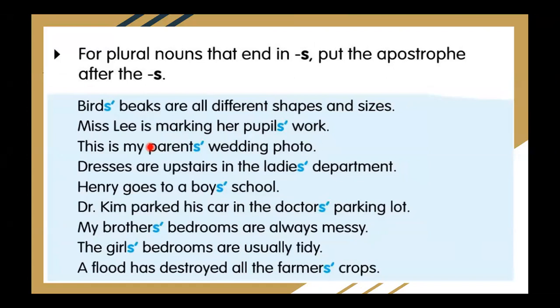Earlier we were putting the apostrophe before S, S से पहले लगा रहे थे. Now here we have to put the apostrophe after S. Like, bird क्या है बोलिए मुझे? Singular noun है, right? अगर हम एक की बात करें तो bird, singular noun.